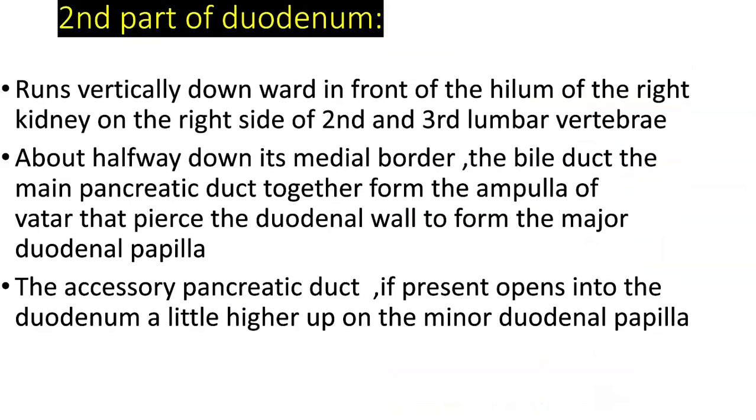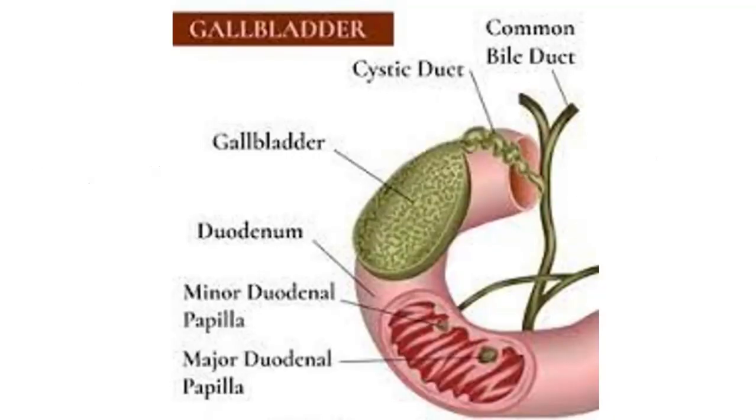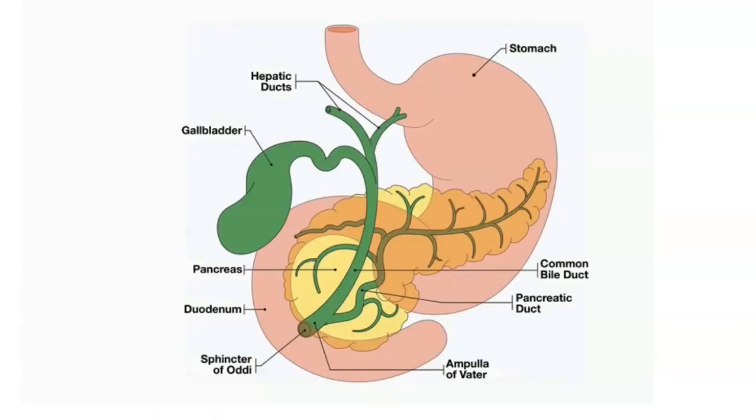The accessory pancreatic duct, if present, which may be in only 10% of individuals, opens into the duodenum a little higher up on the minor duodenal papilla. So this is the accessory or minor duodenal papilla, and the major duodenal papilla, at this point, is the ampulla of Vater. Here is the ampulla of Vater.